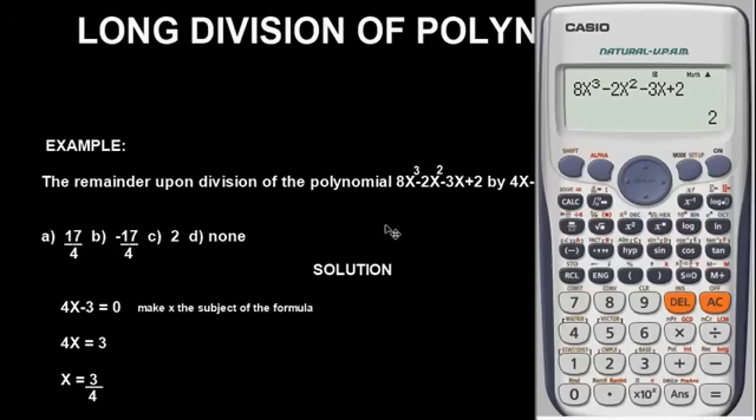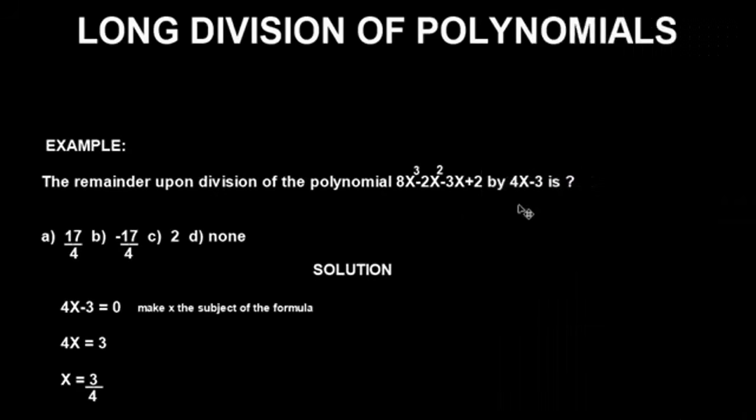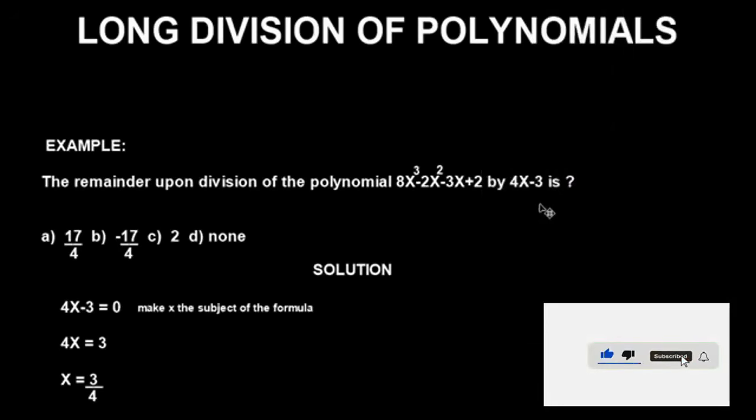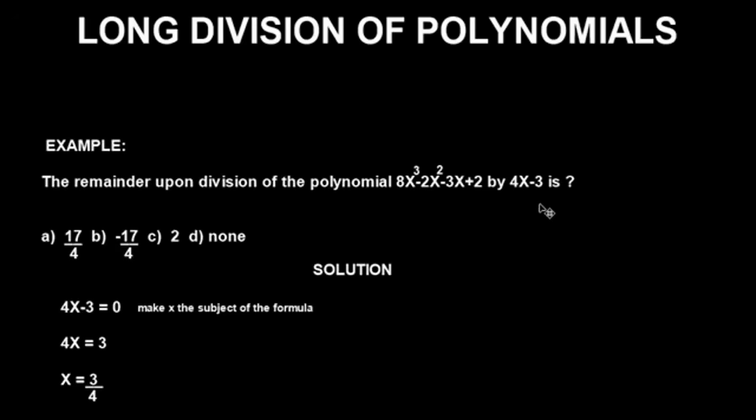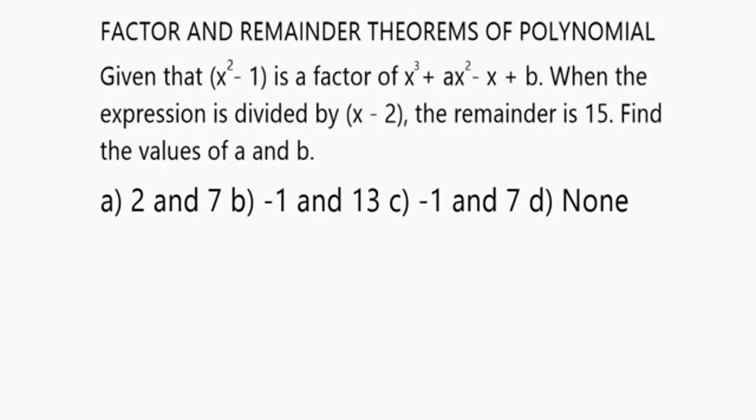Whenever you are given a polynomial function like this and you are asked to divide it with a linear function, just make x in that linear function the subject of the formula and use the value of x to divide the polynomial function with the calculator. Very, very simple. So this question we have here is a very tricky question, but I'm going to show you guys how you can still solve this kind of problem with the Casio calculator easy and fast.